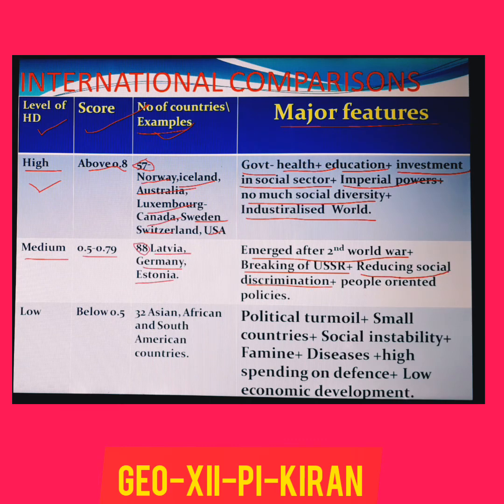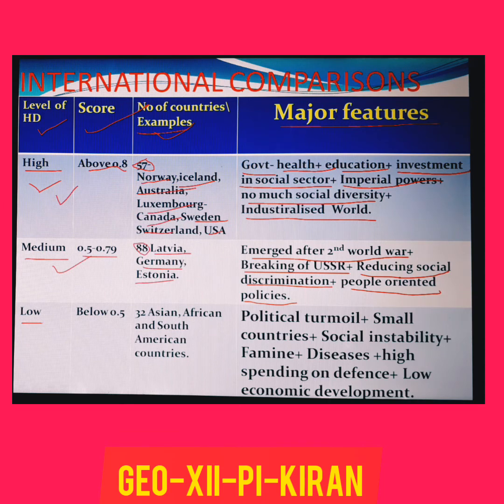In those countries, there is no discrimination on caste, religion, region. So the society is a friendly society. Justice is given to the people, and the governments have people-oriented policies. They also spend a lot of money on education. The literacy rate is very high. In both high and medium, the literacy rate is above 85%. That is the reason the countries have high and medium human development index.